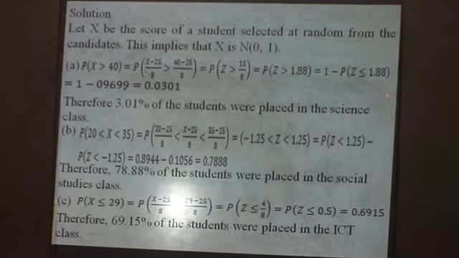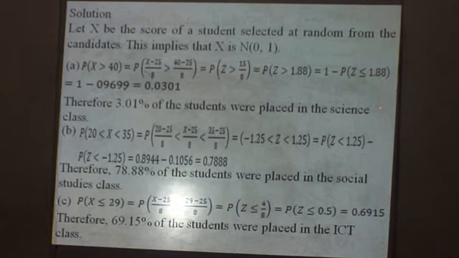And now from the normal distribution table, from the z column, you trace it down to 1.8. Then having located 1.8, you then trace it horizontally till you get to the column headed by 0.08.